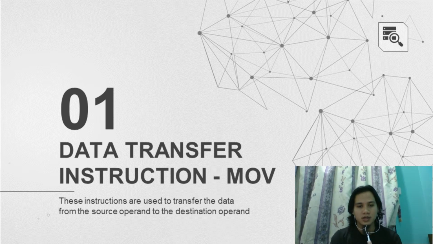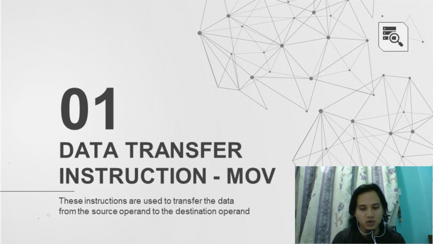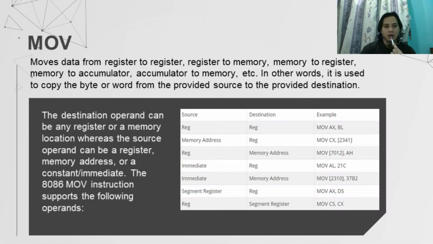So we will start with the first, which is MOV, a data transfer instruction. These instructions are used to transfer data from the source operand to the destination operand. Move, MOV. It moves data from register to register, register to memory, memory to register, memory to accumulator, accumulator to memory, and other examples.